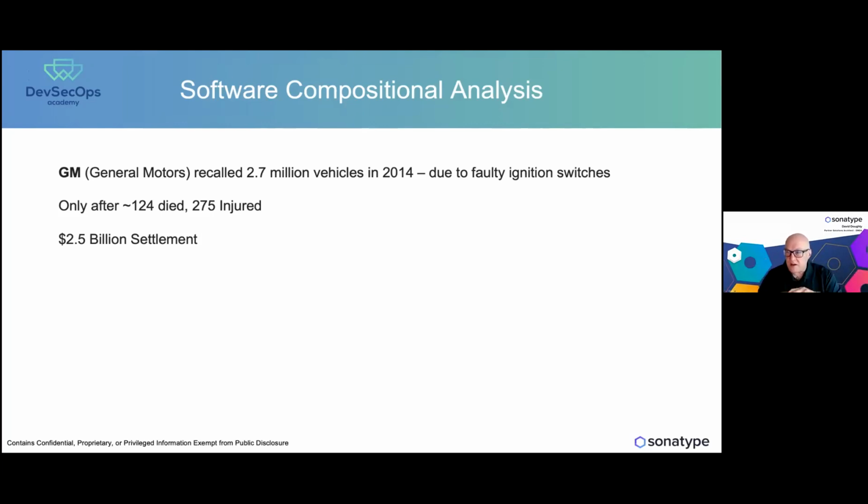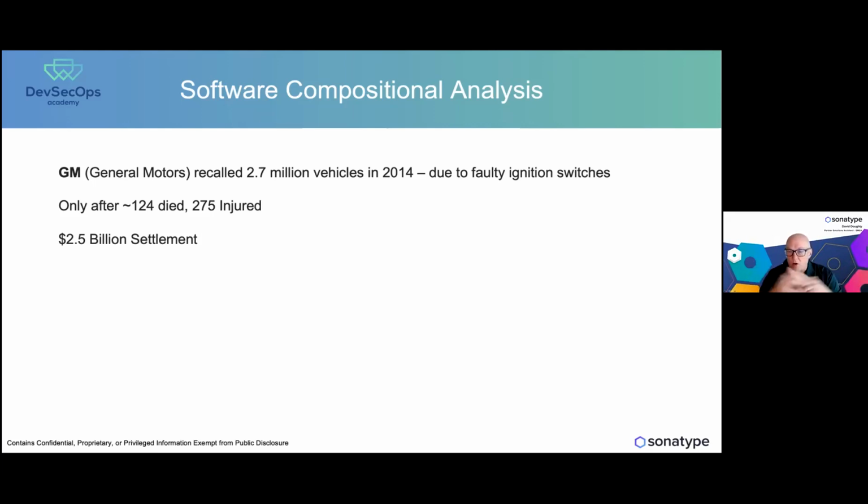On top of this, General Motors were severely punished for not responding to the problem soon enough. And if the problem had been identified and resolved sooner, not only would people not have lost their lives, the fiscal cost would have been a fraction of the figures that we see here. Ultimately, at the end of the day, they had to settle with a $2.5 billion lawsuit to resolve this.